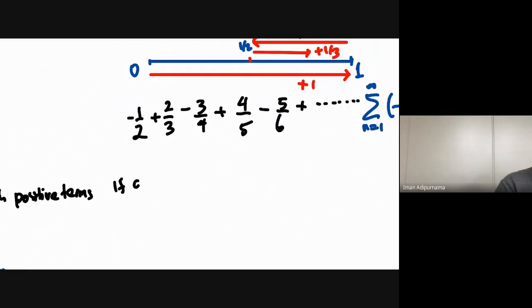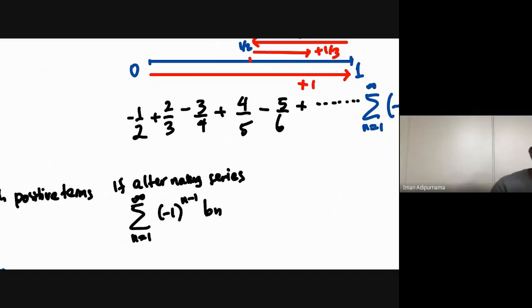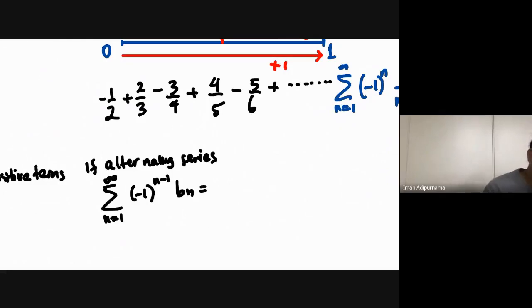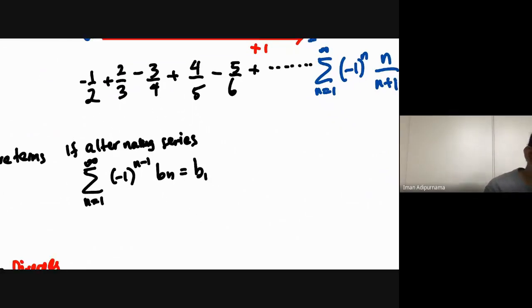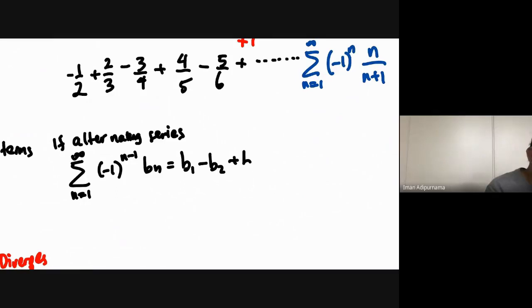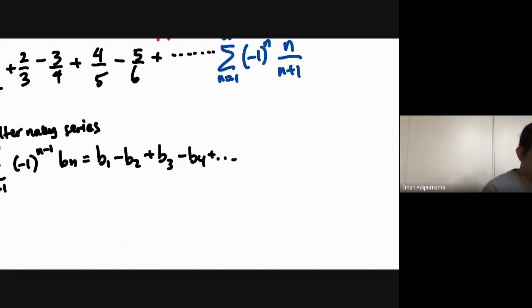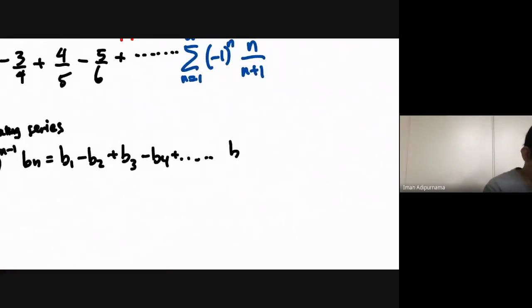So if the alternating series, let's say you have this bn, let's say it's b1 minus b2 plus b3 minus b4 plus dot dot dot, and this bn should be greater than 0.